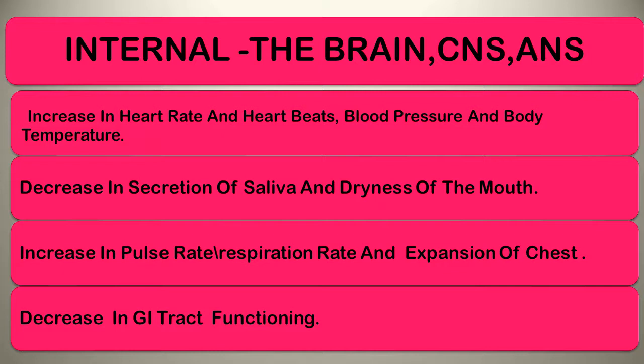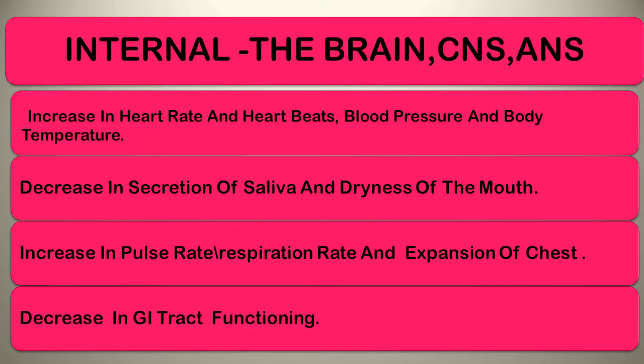So strong basic emotions like happiness, sadness, fear, anger, etc. are directly linked to arousal of physiological change, which occurs in both internal and external parts. Let's see the internal things.